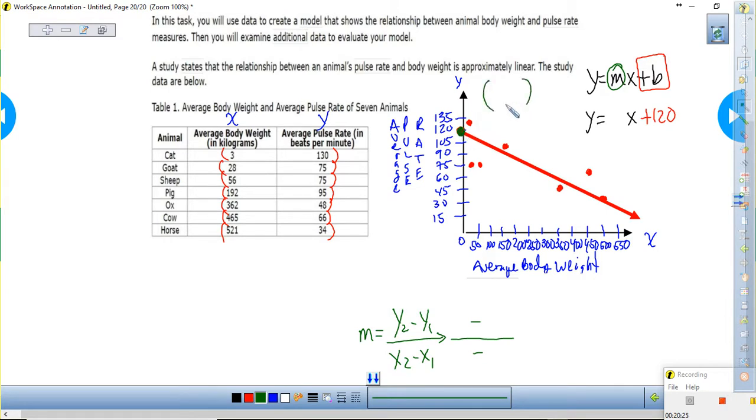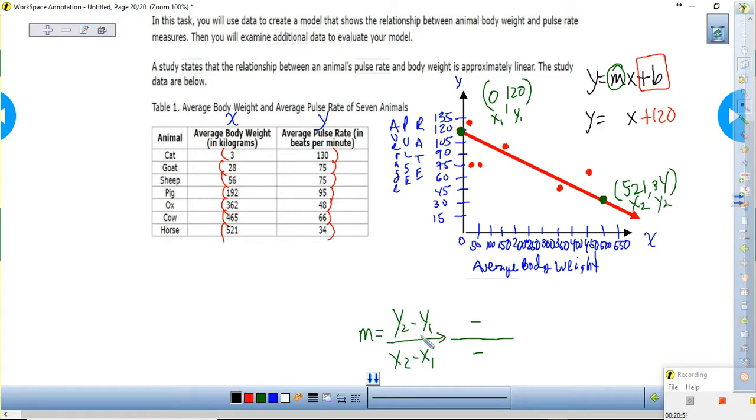What is the coordinate for the y-intercept? 0, 120. That is x sub 1, y sub 1. What is my second point on the line? The one that we went through, the last one, this one. And what are those coordinates? 521, 34. That's x sub 2, y sub 2.